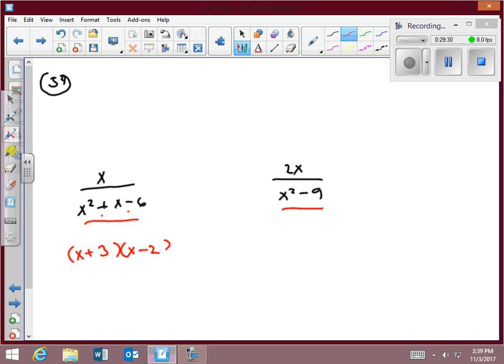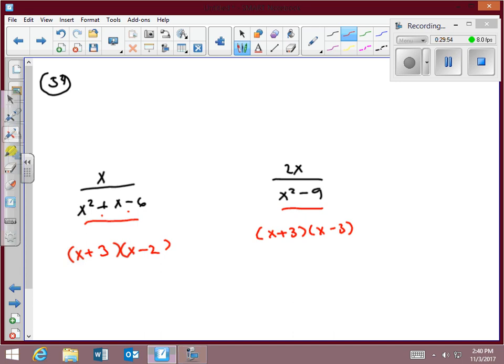Difference of squares, right? It's an x and a 3. So that factors into what? x plus 3, x minus 3. Right? Now each one of our denominators is prime factored.